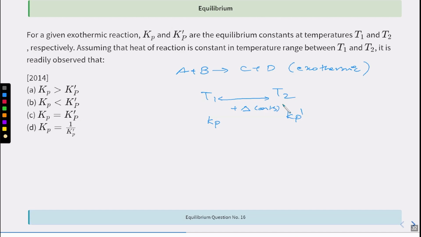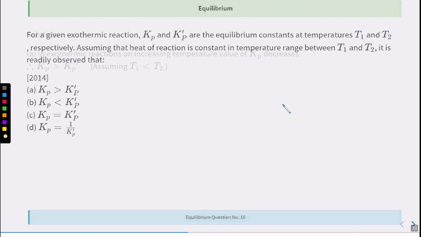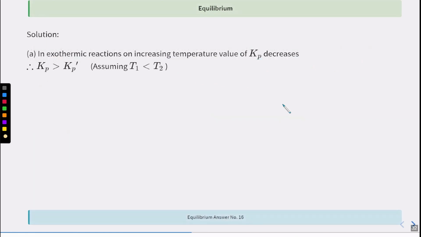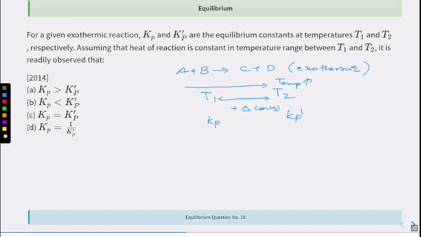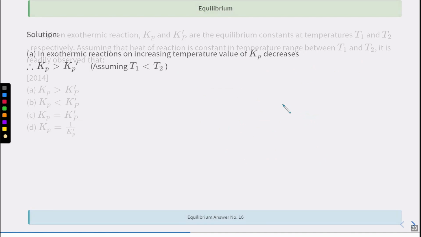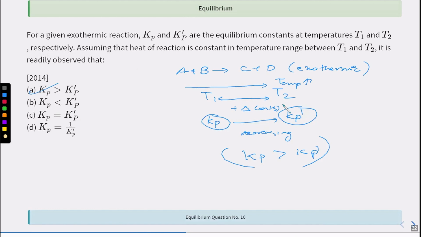But obviously, these are two different temperatures, and let us assume that in this direction the temperature is increasing. As the temperature increases, the Kp value decreases. So as we go from this to this, the values are decreasing. Does that make sense? That means our Kp will be more than Kp dash, and that is what this question is asking us. So Kp is greater than Kp dash. So that's option A.